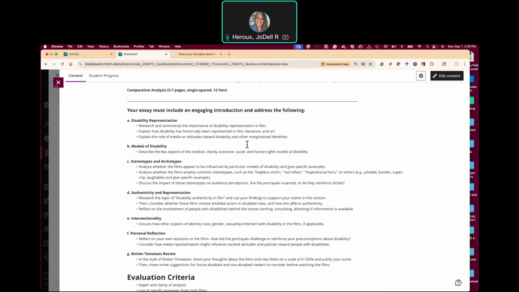You're going to address several things in your analysis. One, disability representation. You're going to talk about the models of disability and use them in your analysis, along with the different stereotypes and archetypes. Then you're going to talk about whether the representation was authentic or not, how intersectionality factors in, and then there's going to be a section for a personal reflection.